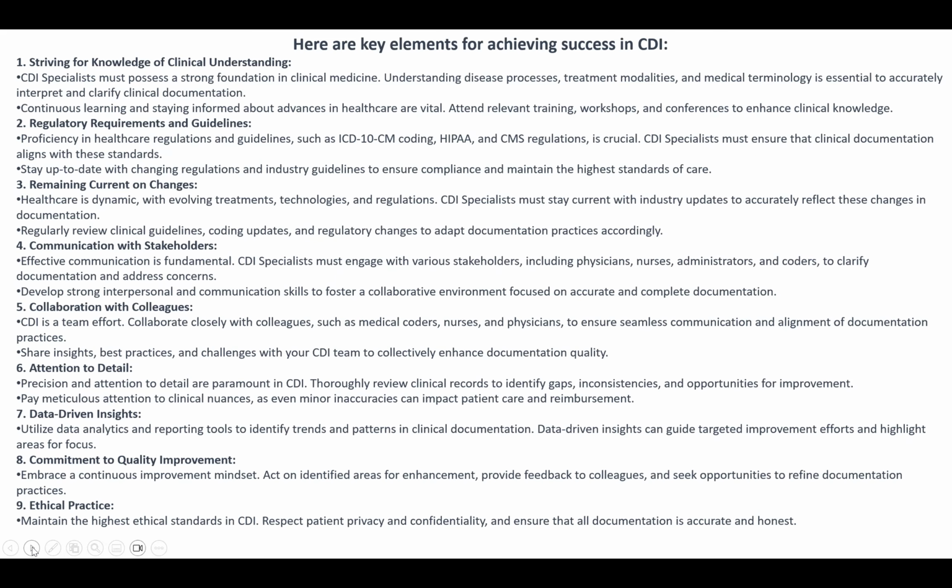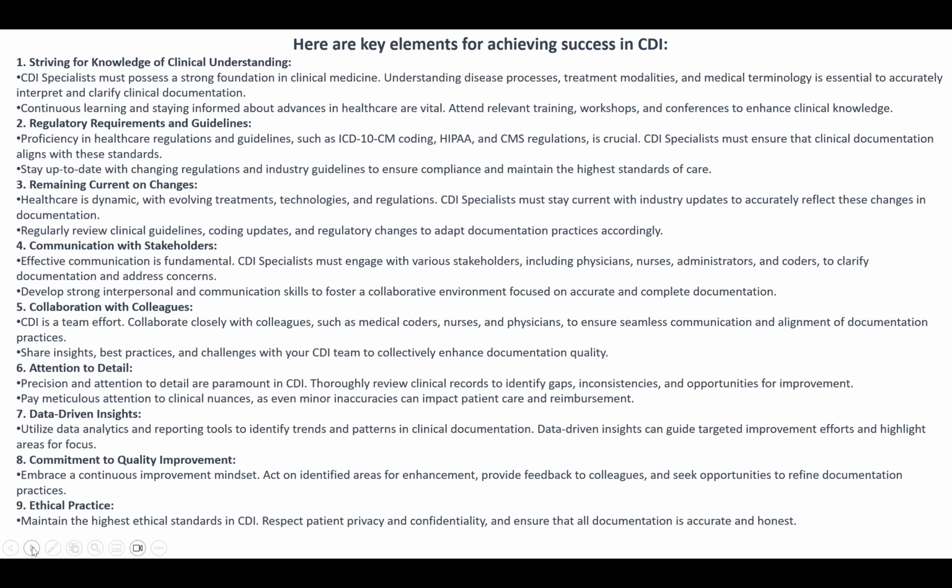Okay, but you can't do this without a foundation, and you can't do this with longevity without learning something from each case that you work on. So you are constantly building knowledge, but you have to understand disease processes, treatment modalities, medical terminology, all of these things. So, clinical knowledge is essential for this role that has clinical in its title, right?